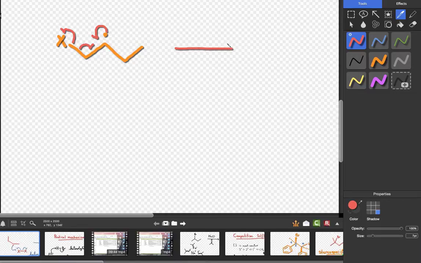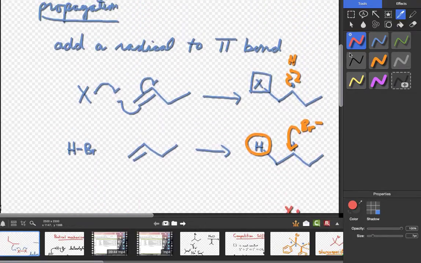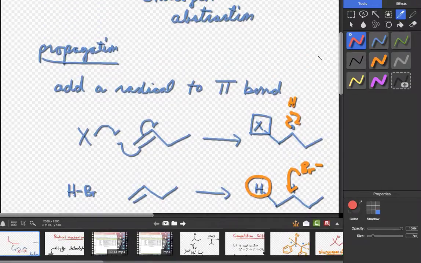This mechanistic process is simply elimination. It's again a bona fide propagation step because I'm converting a carbon radical now into a halide radical. And notice that it is exactly the reverse of the previous process that I described.